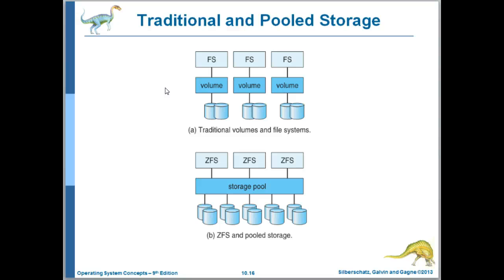Otherwise, if you guess wrong, you're stuck with backing up the data perhaps and rebuilding the volumes, recreating the file systems, and then restoring the data, unless of course you have a tool that allows you to do this automatically, or manually.